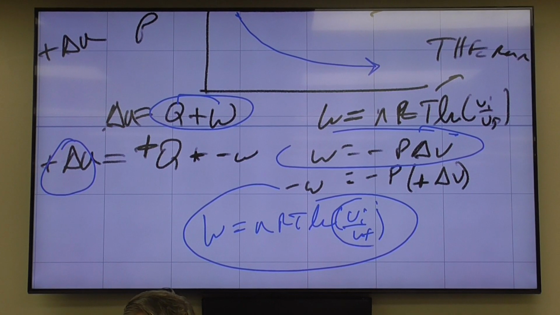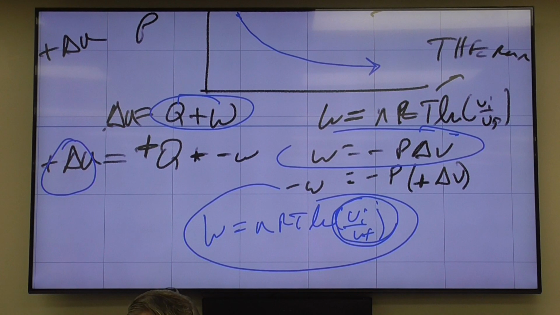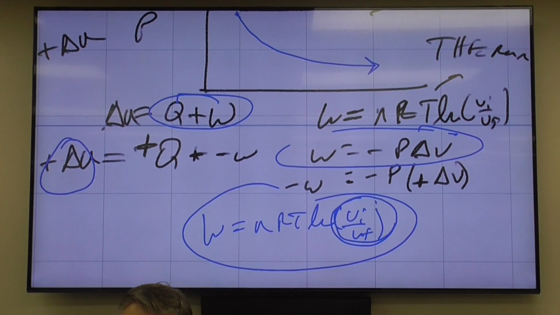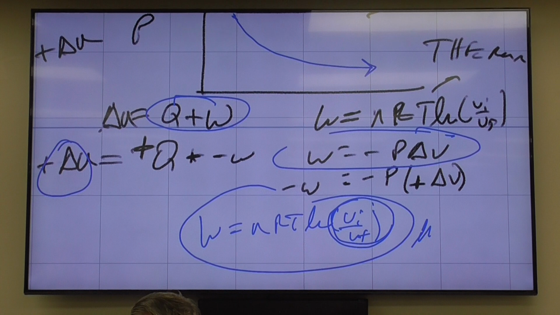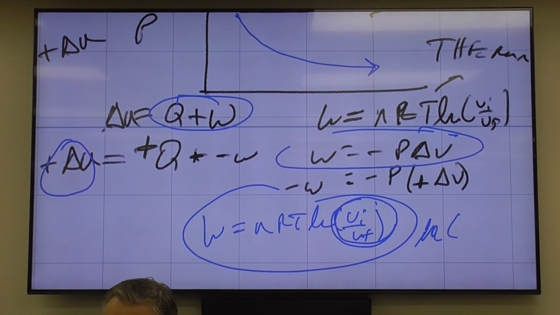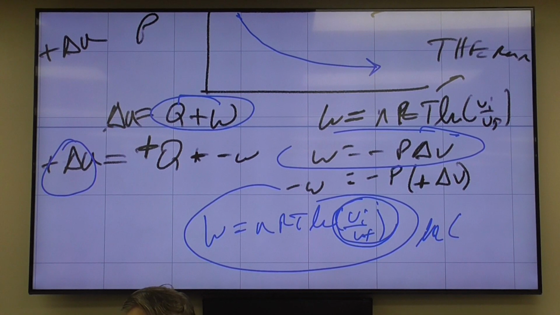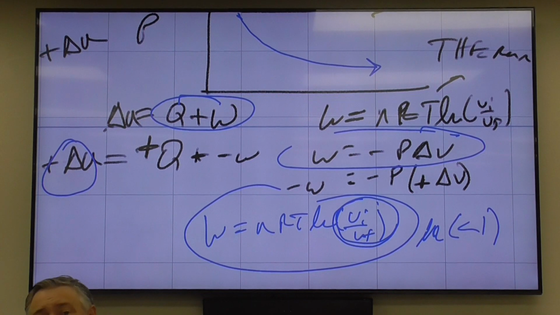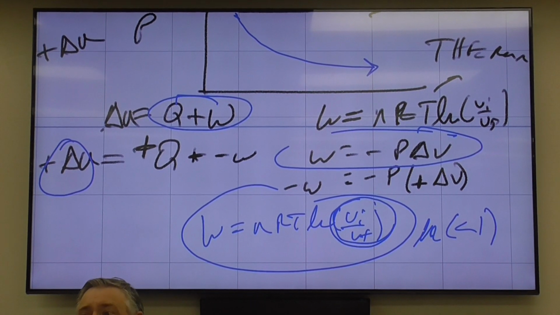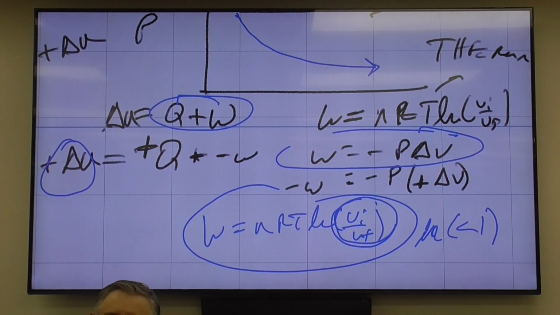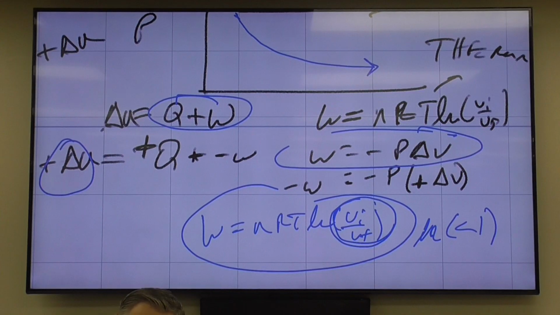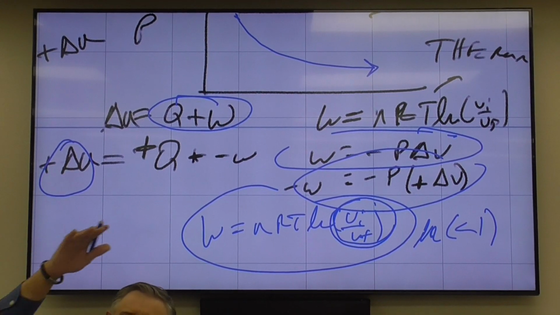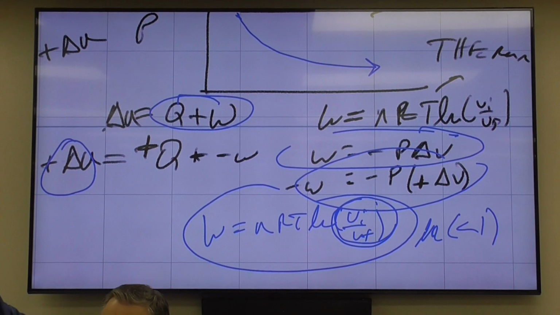Now, mathematically, which is bigger, your initial volume or your final volume? Final volume is bigger, so you're taking the natural log of a value less than 1. When you take the natural log of a value less than 1, you get a negative number. Work becomes a negative number. Okay, so that's consistent whether you use negative P delta V or you use nRT natural log.